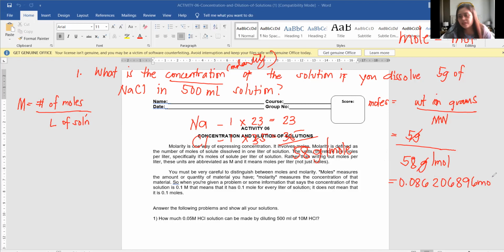The unit is mole. So, though nasa baba siya, pero per mole kasi ito, kaya kukuha tayo ng reciprocal sa taas na si mole, hindi na per mole ha. 0.086206896 mole. So, pwede natin siya ilagay dito, class.